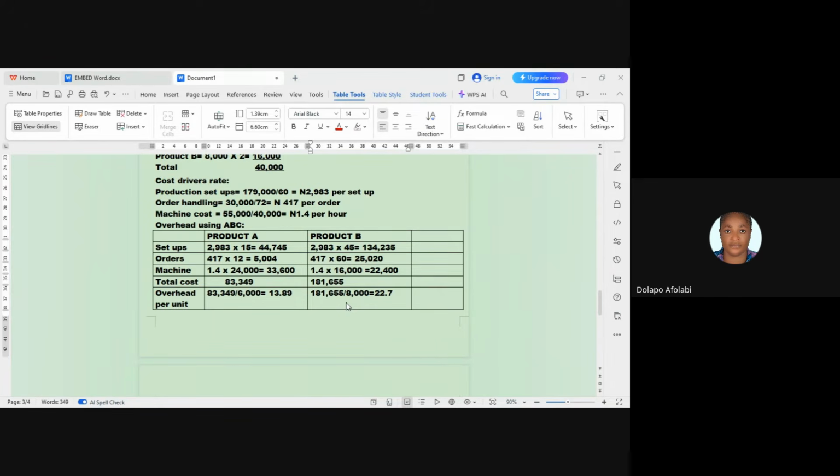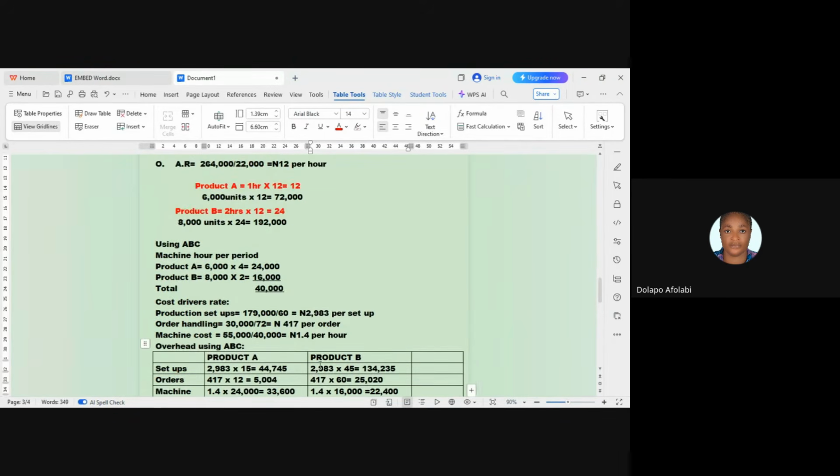XYZ Nigeria Limited is considering the use of activity-based costing (ABC) approach in its overhead recovery. It manufactures two products known as standard and deluxe. Details of production for the two products are given below. Annual production in units: for standard 24,000, for deluxe 24,000.